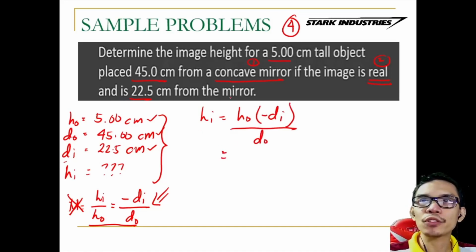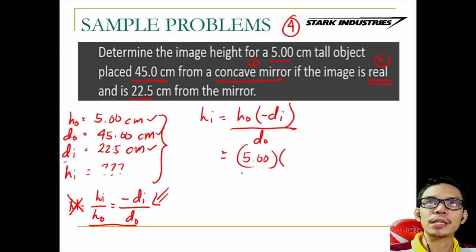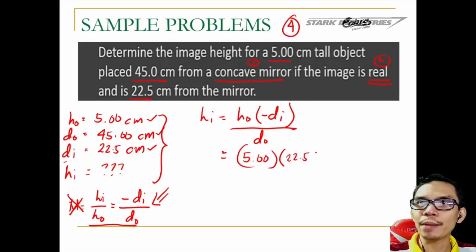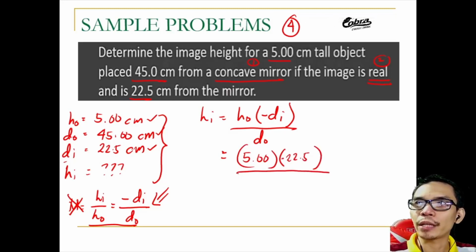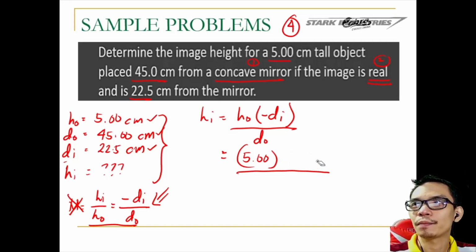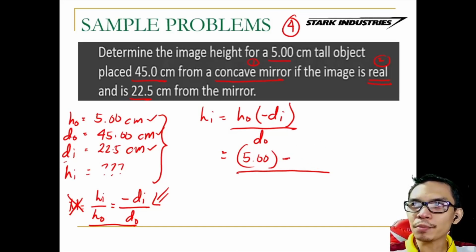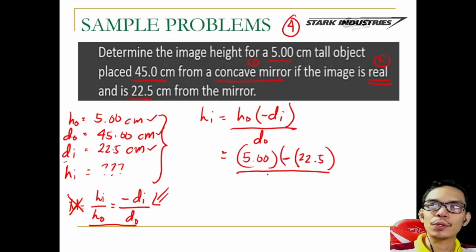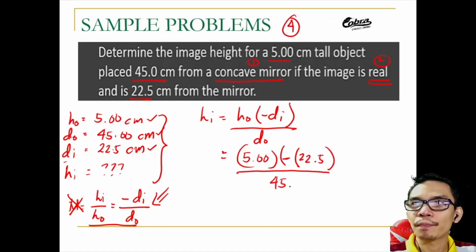Now let's plug in those values. We have 5.0. Next, the distance of the image is 22.5, and don't forget the negative sign. So again, I will rewrite this: the negative sign, then 22.5, and next, 45.